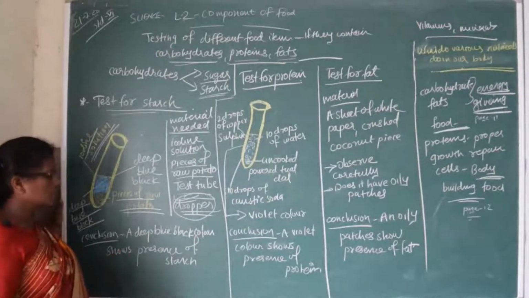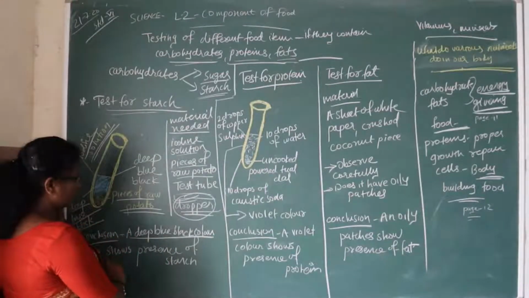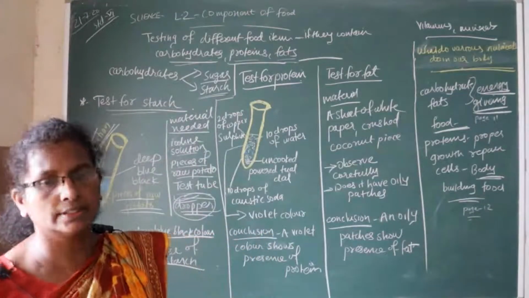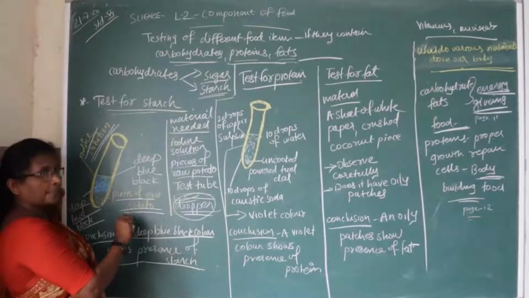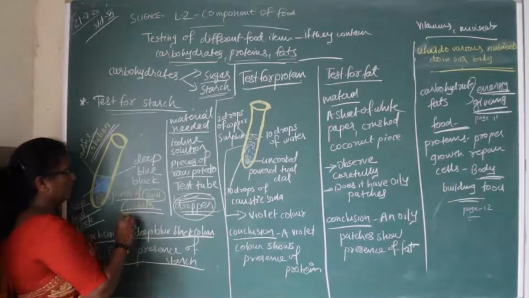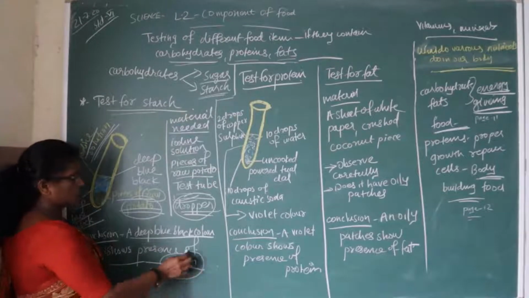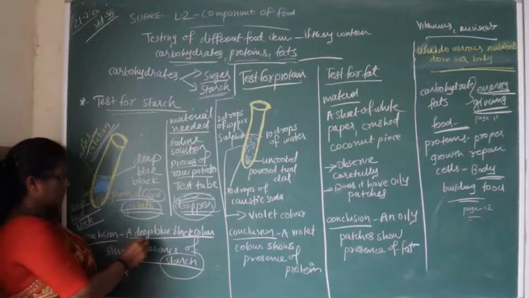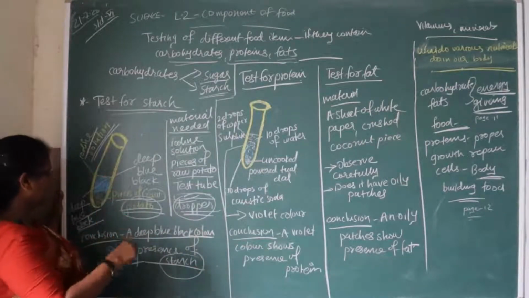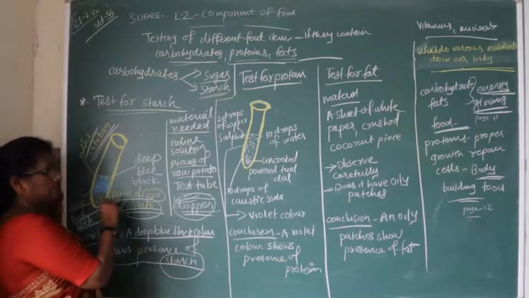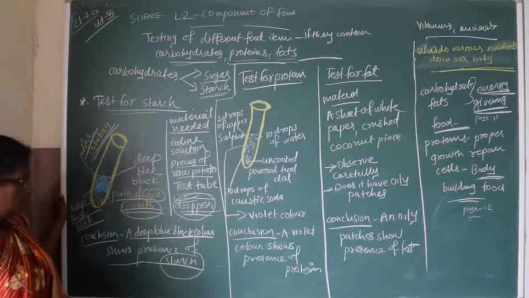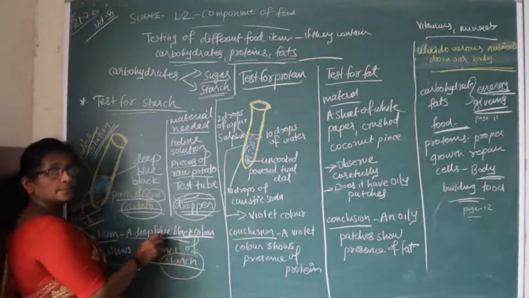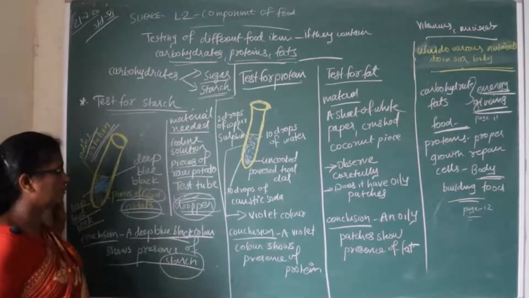Then we conclude that the deep blue black color shows the presence of starch. So raw potato contains starch.